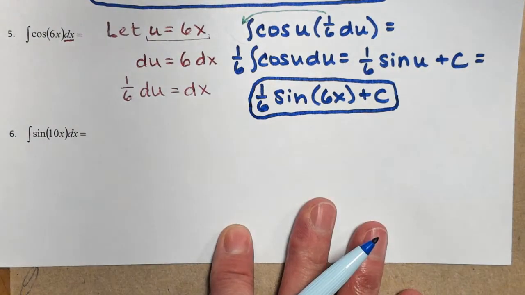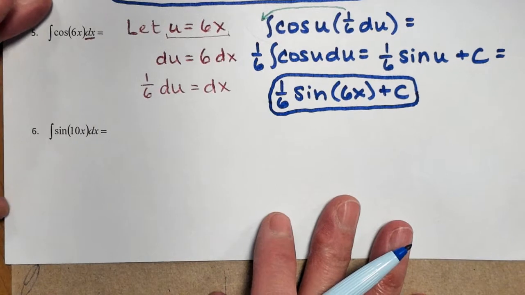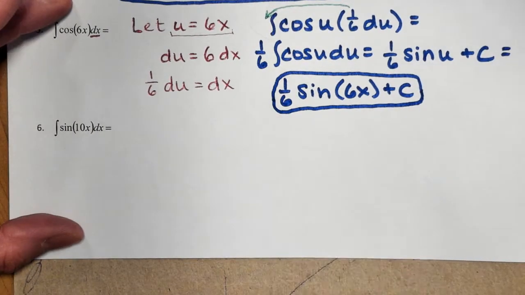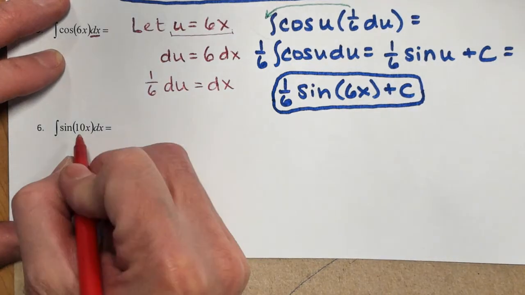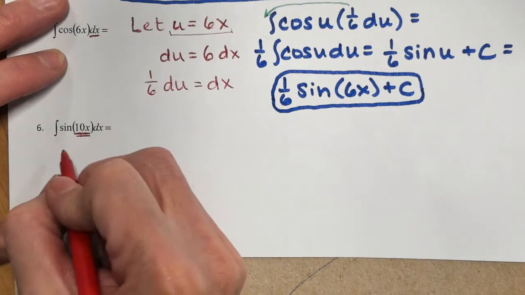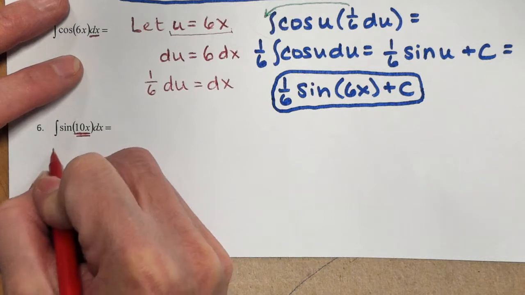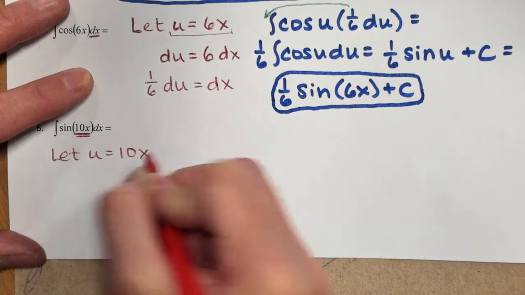All right, let's try another one just like that. So we're looking at number 6, and I'm going to follow the exact same steps I did for number 5. So I'm going to let the argument be u. So let u equal 10x.